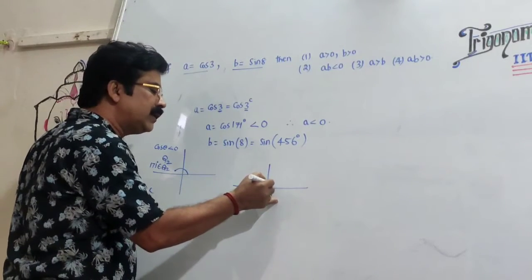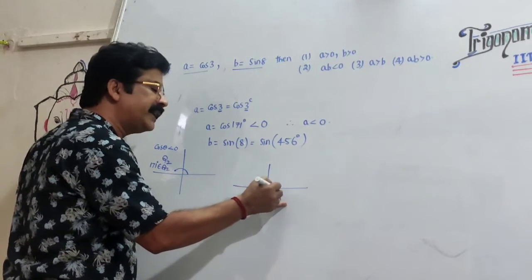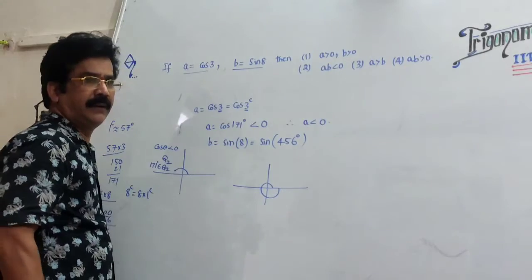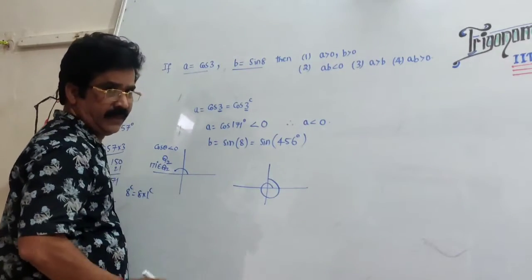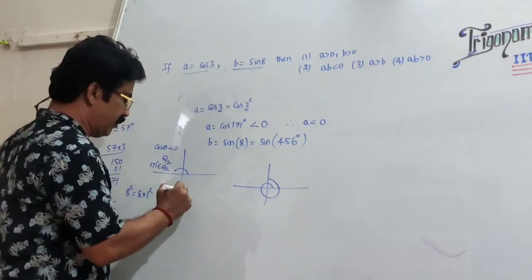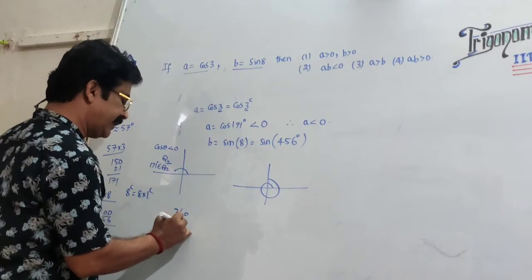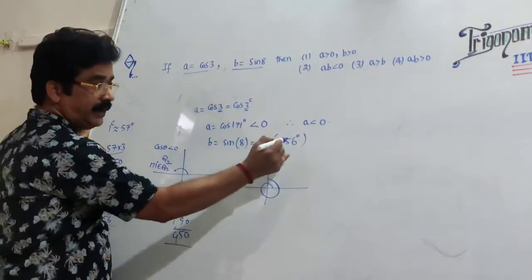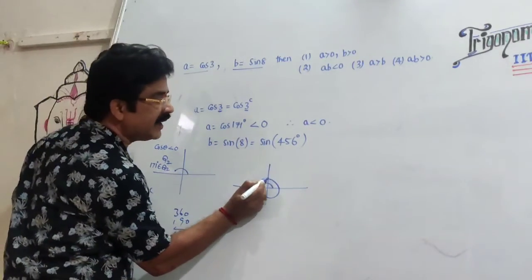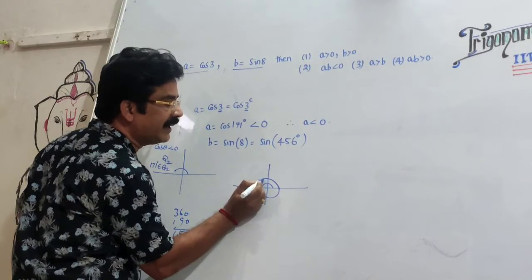Right. 456. You come here. One complete revolution or rotation is 360. Right. 360 plus 90, how much? 360 plus 90 is 450. But it is 456, means another 6 degrees.